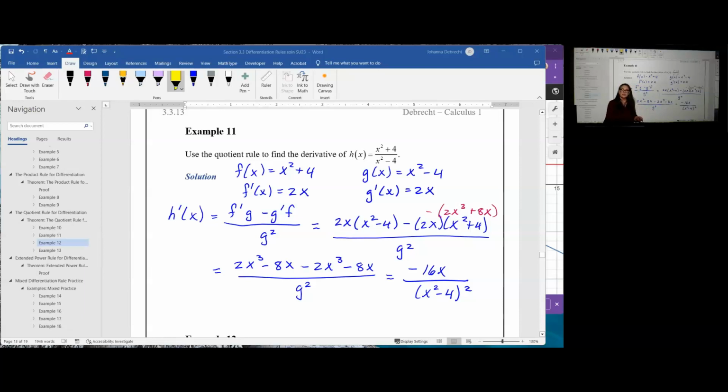Let's now review these last 3 examples of the quotient rule for derivatives. My numerator function, x squared plus 4, has derivative 2x. And notice my denominator function, x squared minus 4, also has derivative 2x. These are the same function translated vertically up and down.